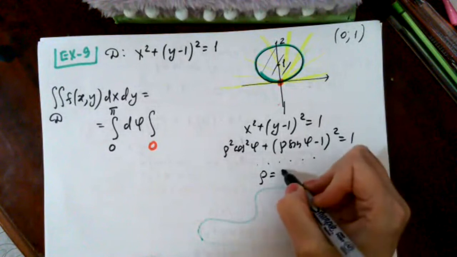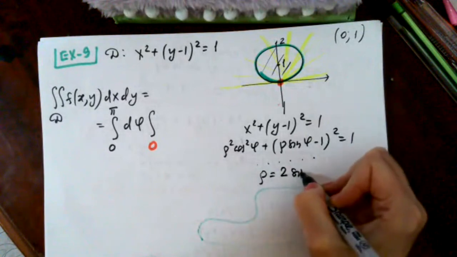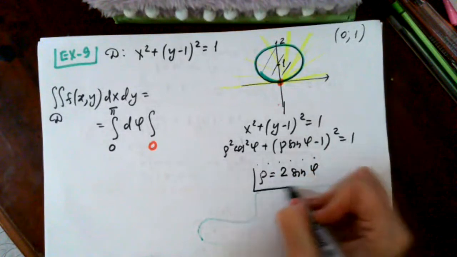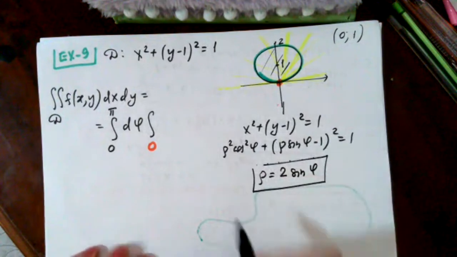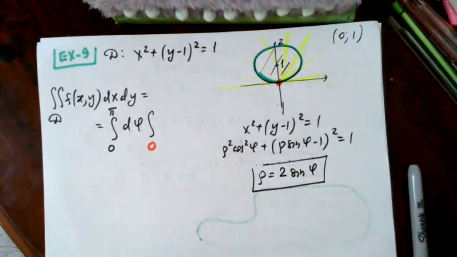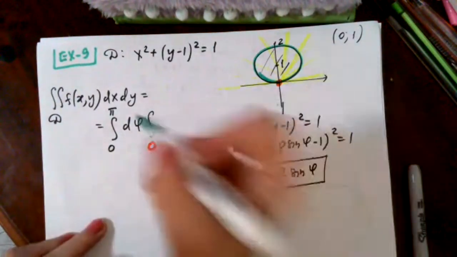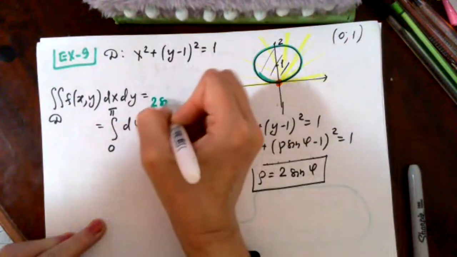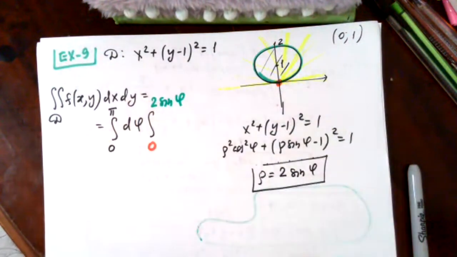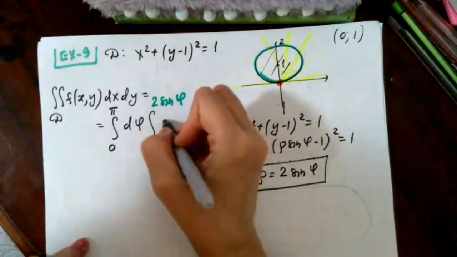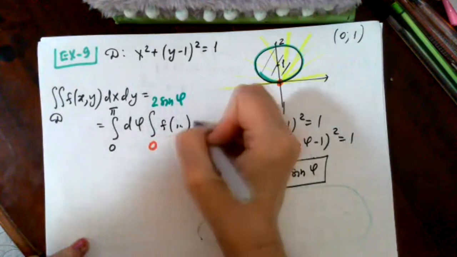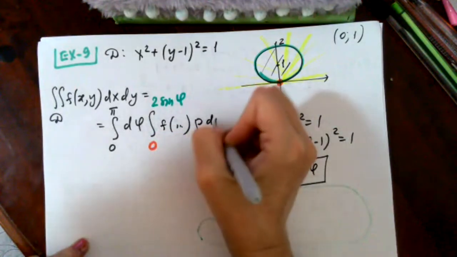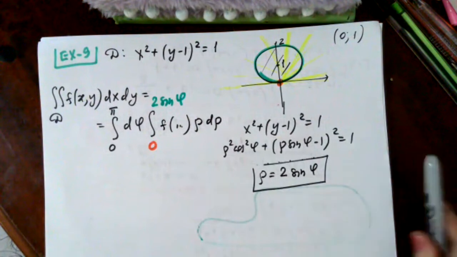I'm only writing you the result. The result will be rho, or r, is equal to 2 sine phi. That's it. So this is the equation of my green circle. And this serves as the upper limit of integration. We put it here. And as for the rest of the expression, we're just rewriting it and not forgetting about the Jacobian.